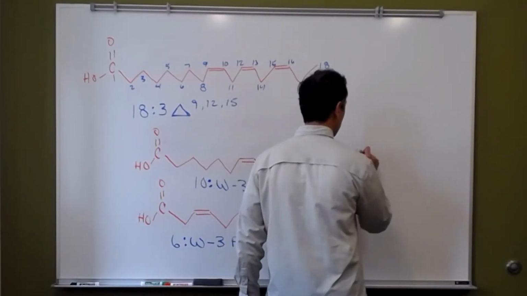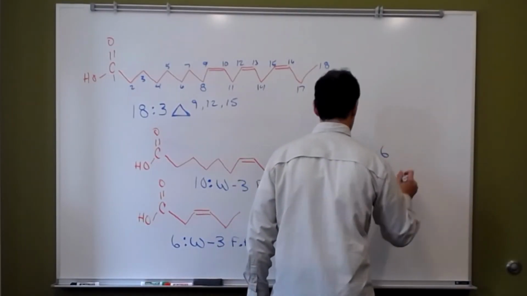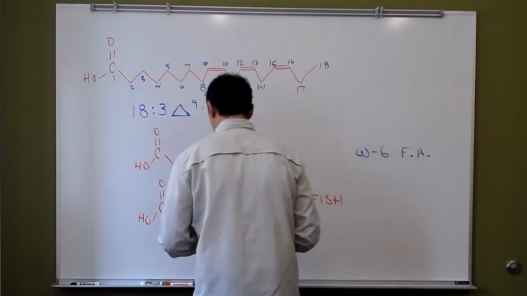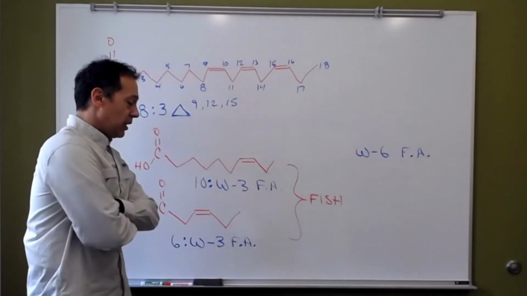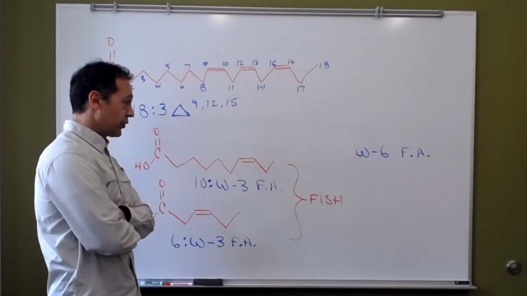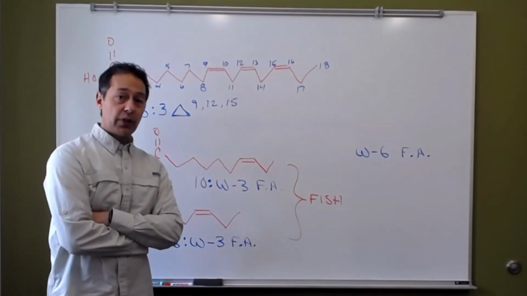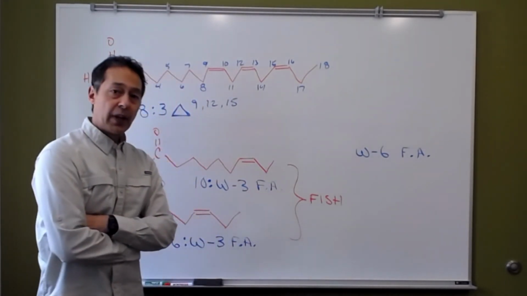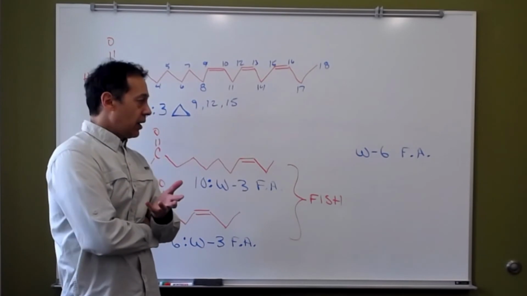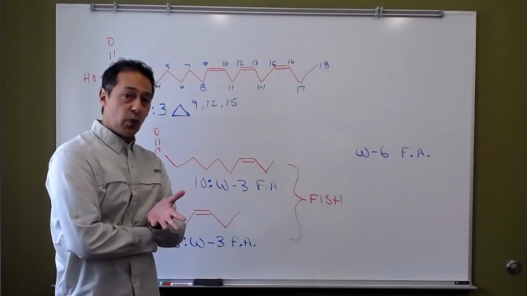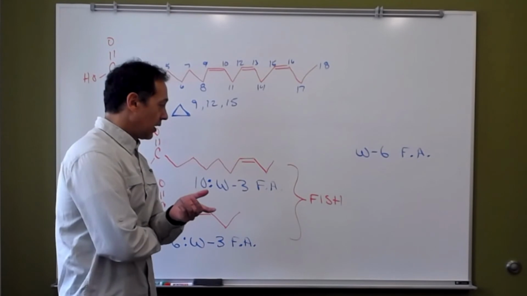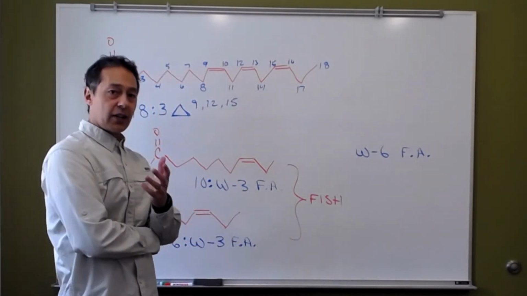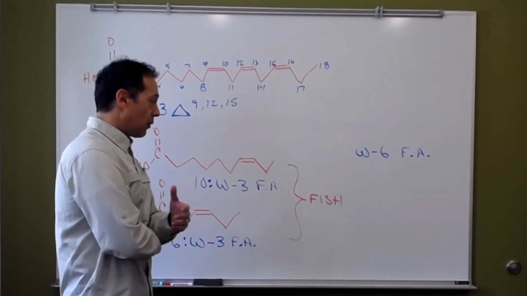So omega-6 fatty acids, these tend to come from other sources, maybe plant sources, and these ones are associated with higher cardiovascular risk than, say, fish sources. And so it's recommended now that you consume one serving of fish that's high in omega-3, so a fatty, cold, deep water fish, once per week.